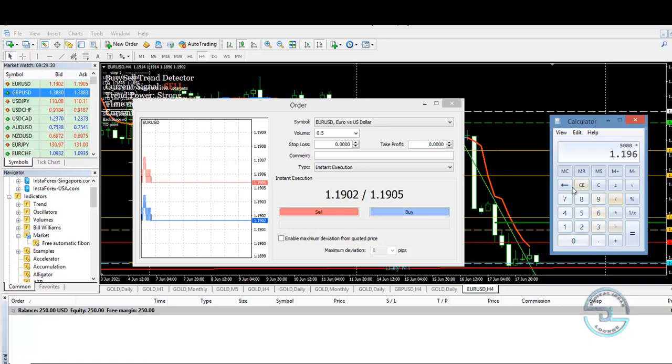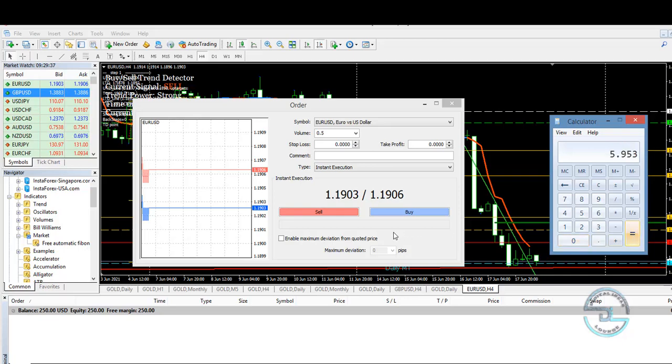That's 5,953. Now divide by 1,000 leverage. So what I'll be required to put in as margin is 5.953.